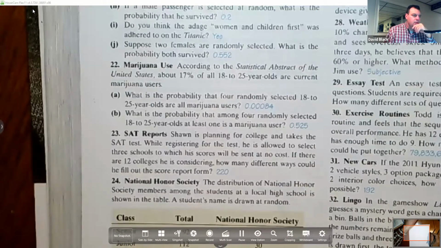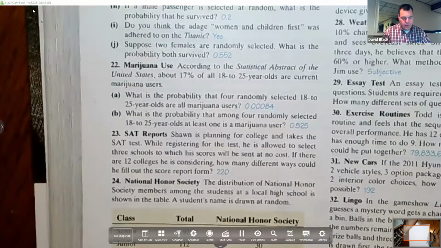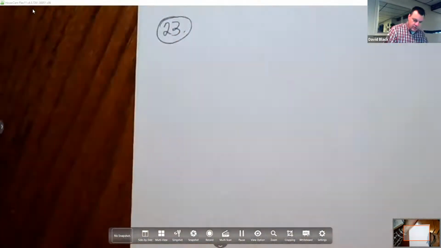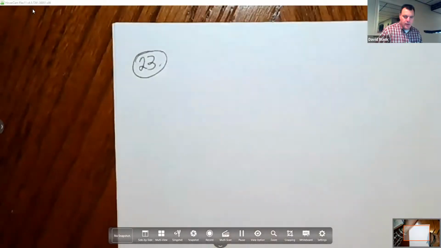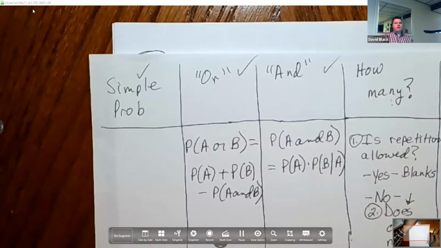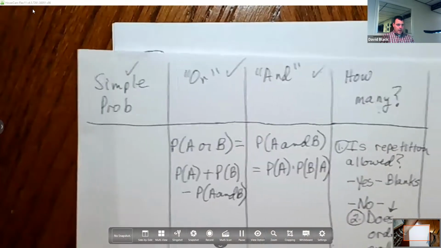If there are 12 colleges he is considering, how many different ways could he fill out the score report form? Okay, you ask yourself if we have a simple probability, an or problem, an and problem, or how many problem. This one should be screaming at you that it's a how many problem.